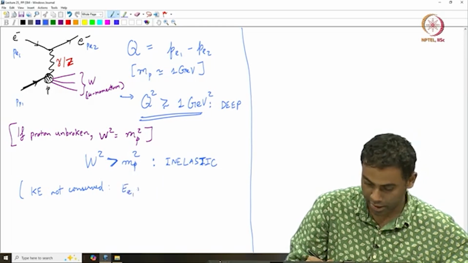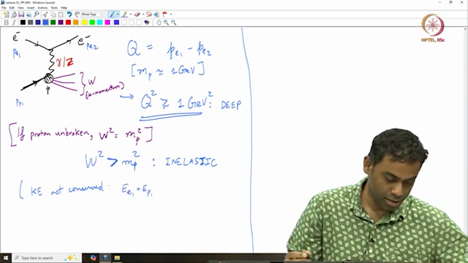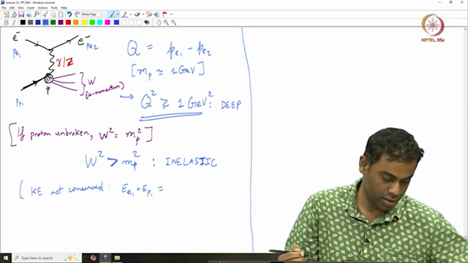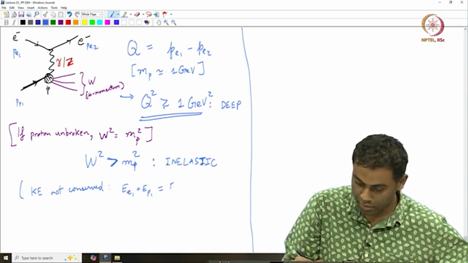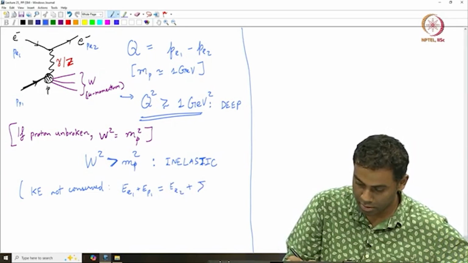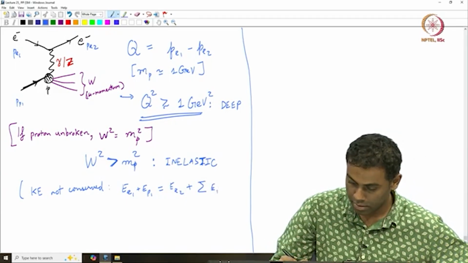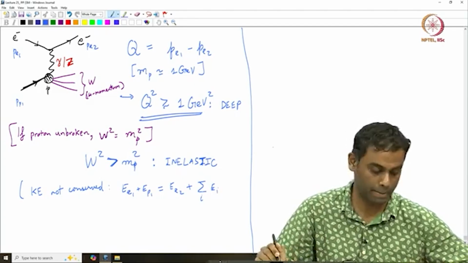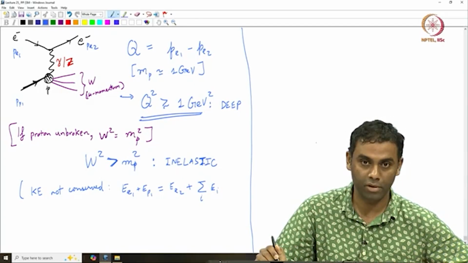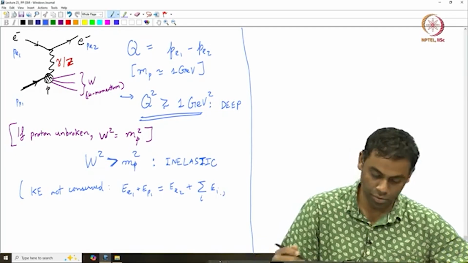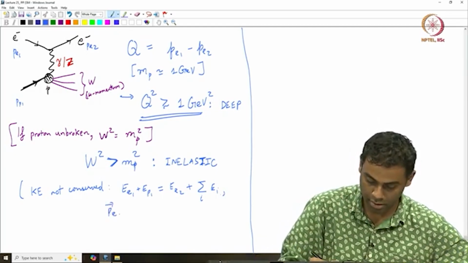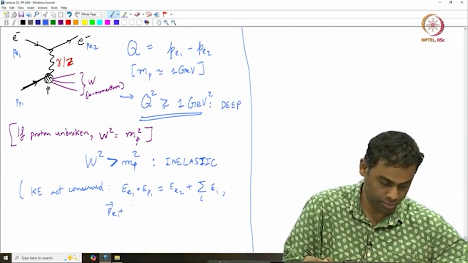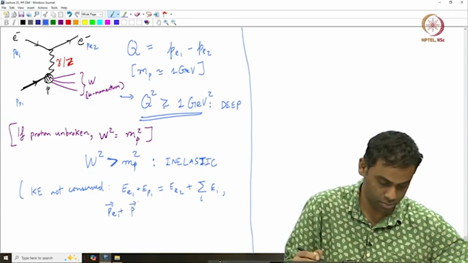So I am just writing this a little explicitly, E1 plus EP1 will be E2 plus the sum over I, all these constituents, the broken up constituents, right. So this is true and this is also true.